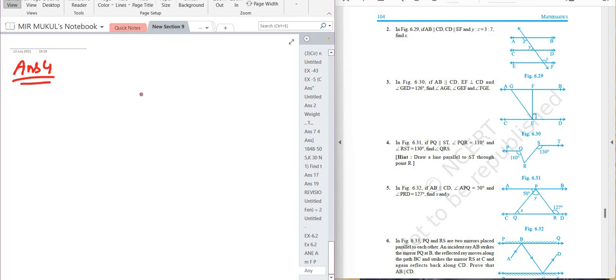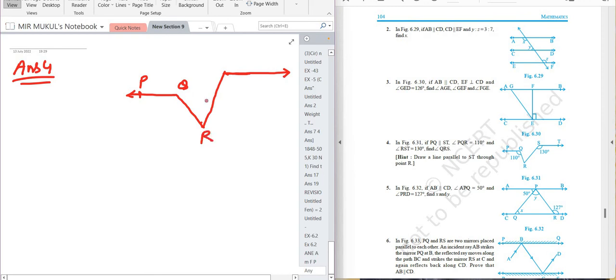Now see here, draw this figure, the given figure. So the figure is like that. Give its names: P, this is Q, this is R, this is S, and this is T. This angle is 110 degrees.